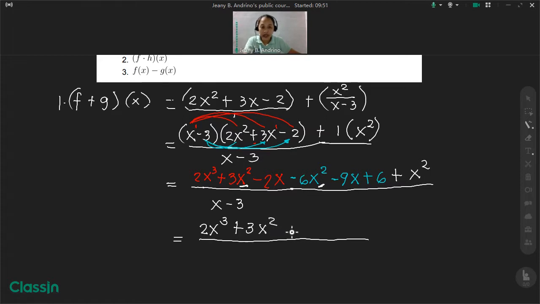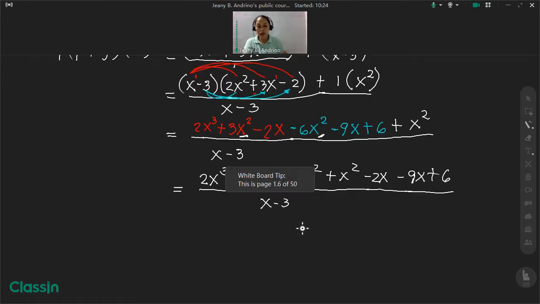So plus 3x squared minus 6x squared, and then we have plus x squared. Or in other way, let me just rewrite everything in order so that it will be easier for you to look that up. Next, we have negative 2x. I'll put that beside our negative 9x. And we don't have any other x there, so we have the number which is plus 6. And then we copy x minus 3.